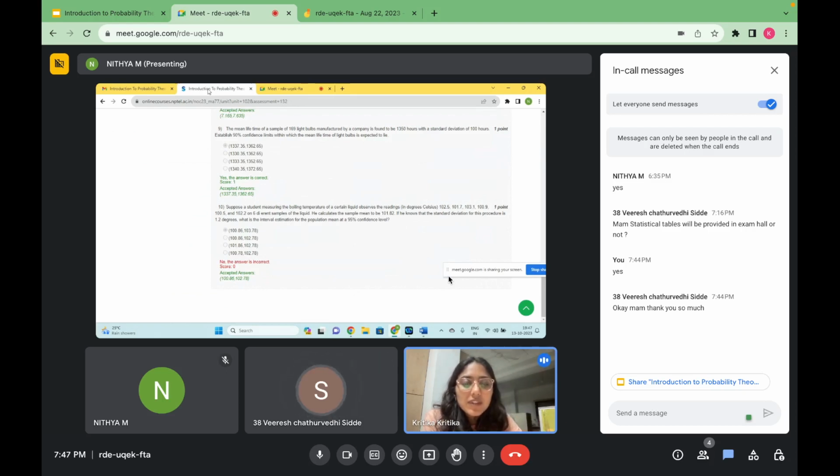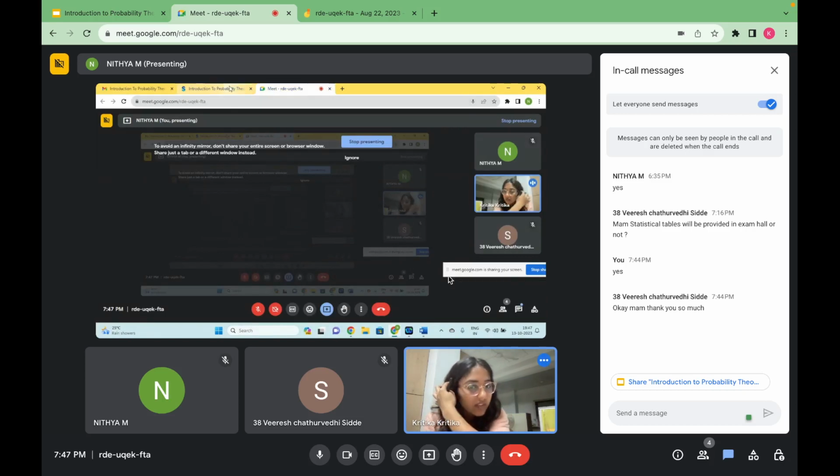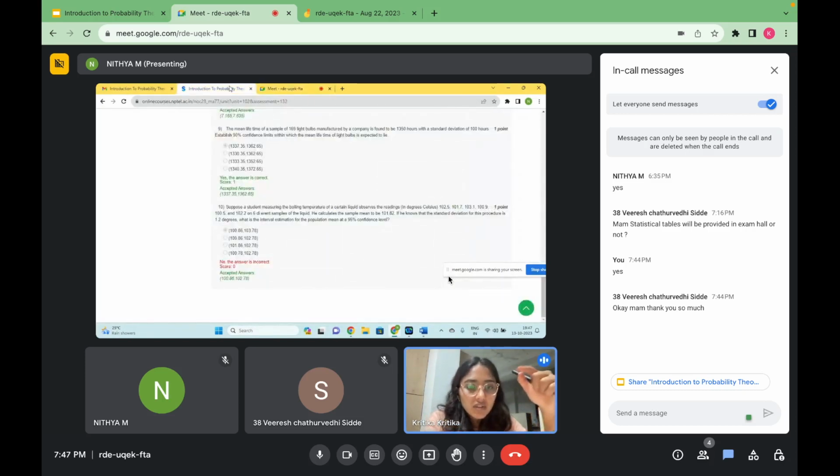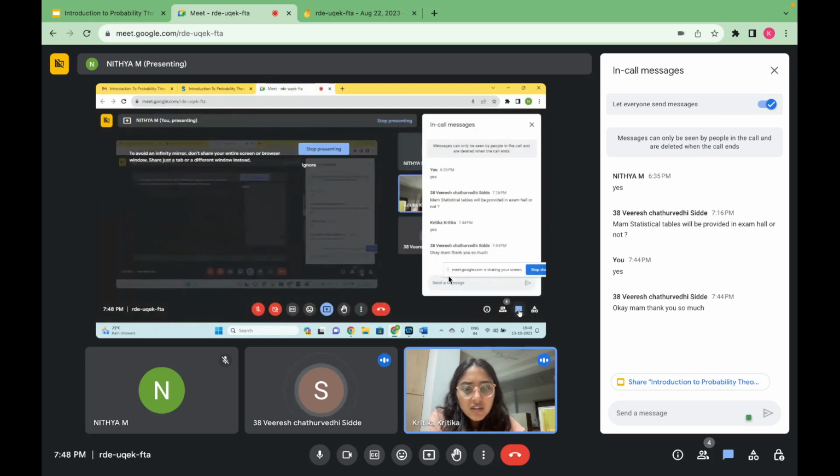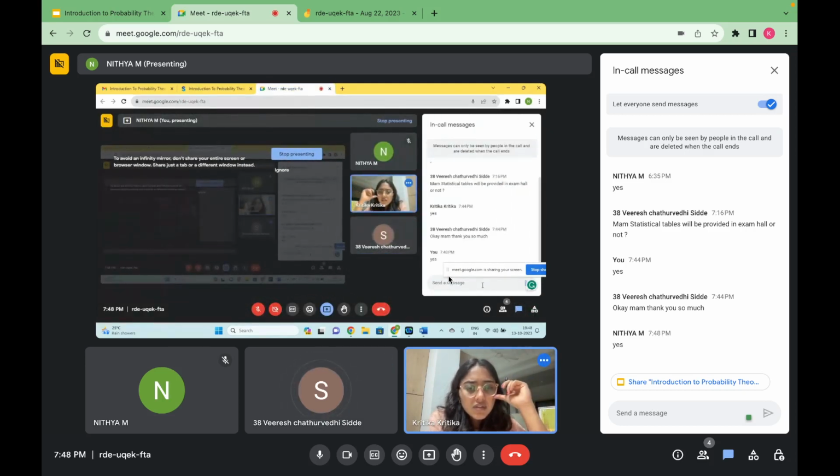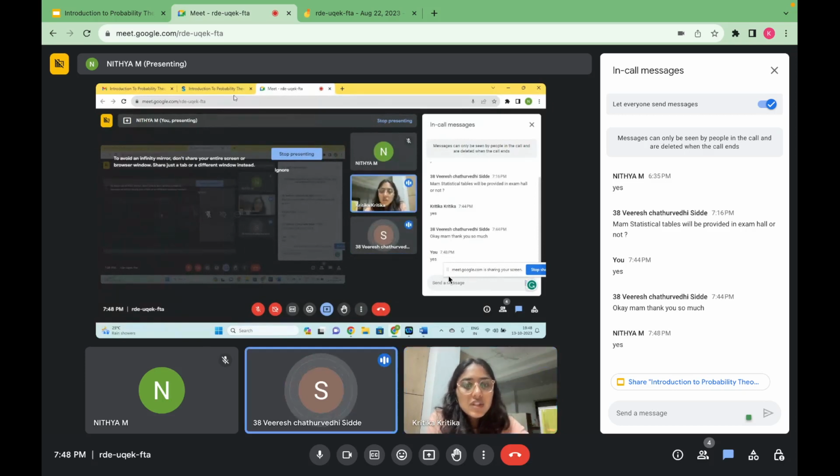So maybe there is an error, because this question is not made by us, and we cannot contact these persons. We don't know who made these questions. But you are right. As you said, the sample size is small, so you need to use the T statistic rather than the Z statistic. So you both are facing the same issue, so maybe the solutions are incorrect.